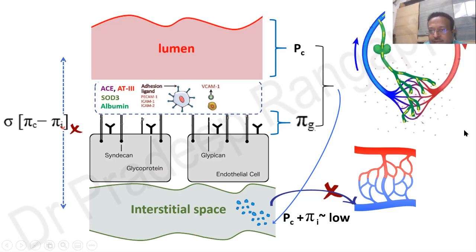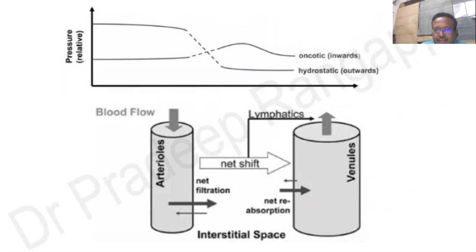So when this movement of the fluid is not happening at the venular end, then the lymphatics play an important role in driving the fluid. As this picture re-emphasizes, it is the lymphatics which tend to drive the fluid from the venular end when the interstitial oncotic pressure fails to drive the fluid.